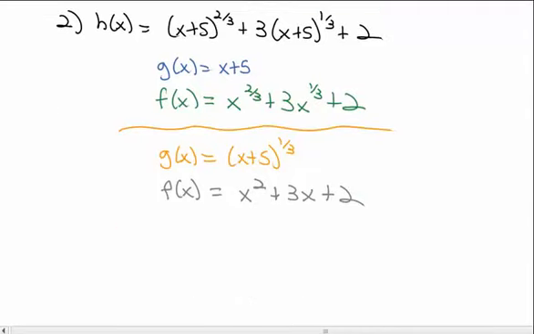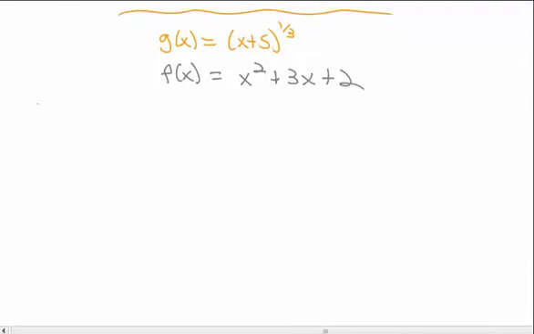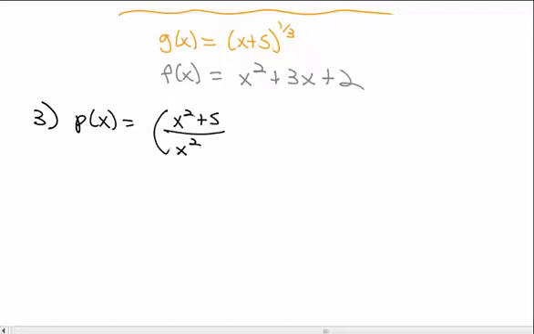In fact, we can extend this idea out to several variables. Let's say p of x is equal to x squared plus 5 over x squared minus 2, and the whole thing is to the 3/4 power. Now what you might notice is in the very innards this repeated thing of x squared.